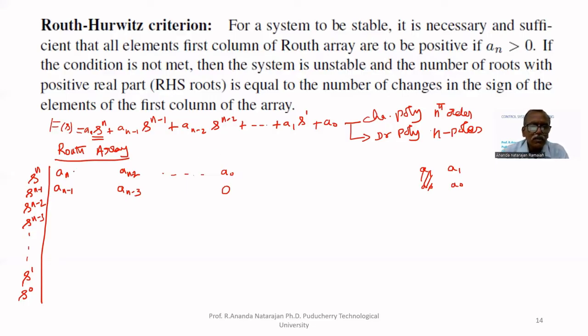The first row is a n, a n minus 2, etc., a naught. The second row is a n minus 1, a n minus 3, etc. So this is the first row of the Routh array, and this is the second row. Now we have to form the third row, that is b n minus 1, etc.